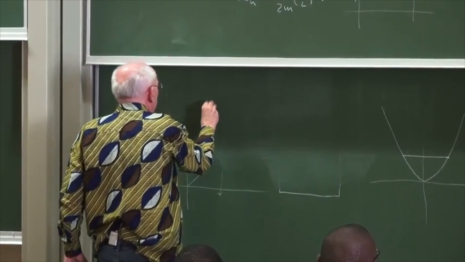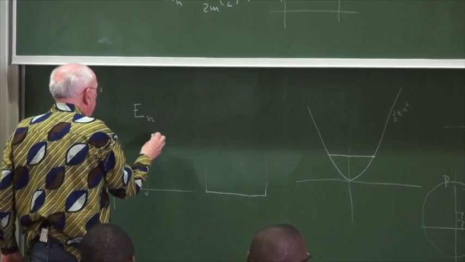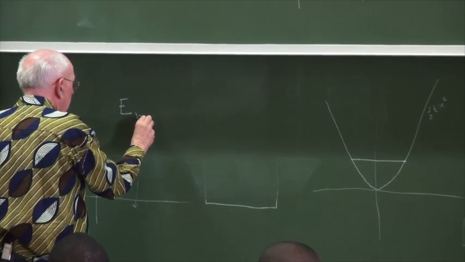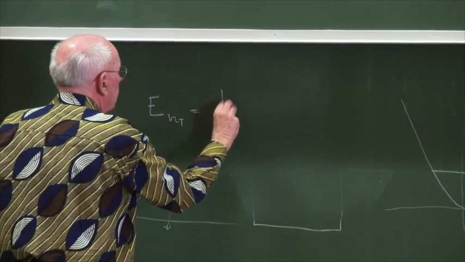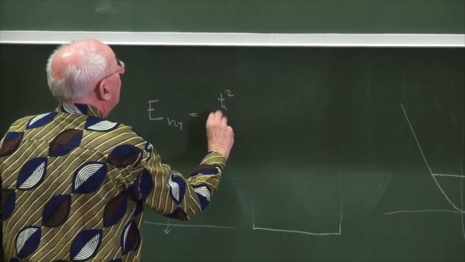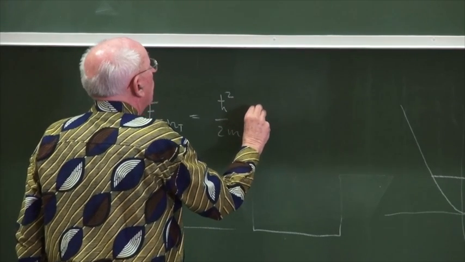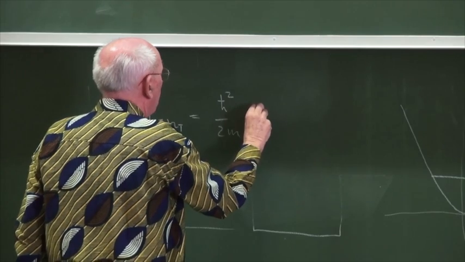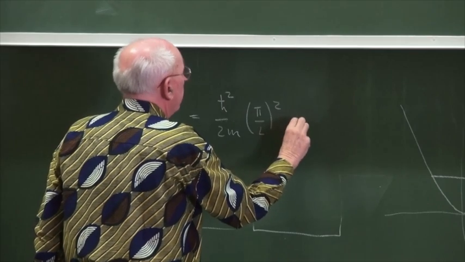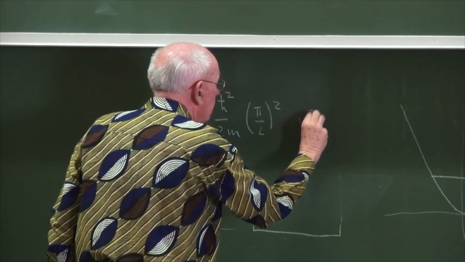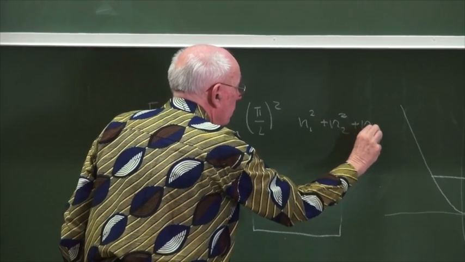But if I do this in 3 dimensions, I will have an E, which I will call a total E, which is h bar over 2m, pi over L squared, and then it will be n1 squared plus n2 squared plus n3 squared.